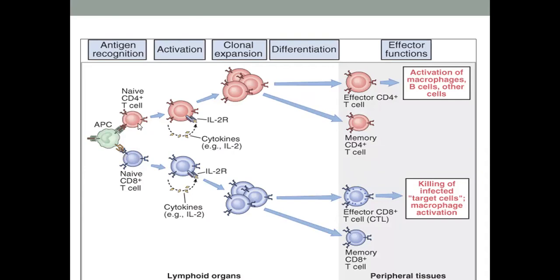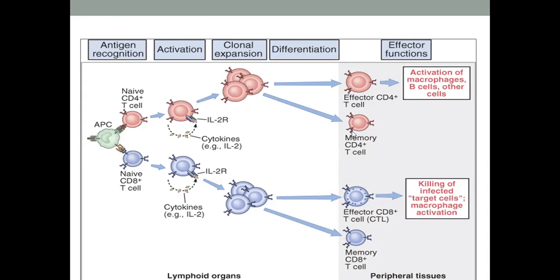Now after the interaction, they activate, causing the release of certain cytokines, and that causes further clonal expansion. Clonal expansion increases the number of T cells, and they further differentiate into effector cells.